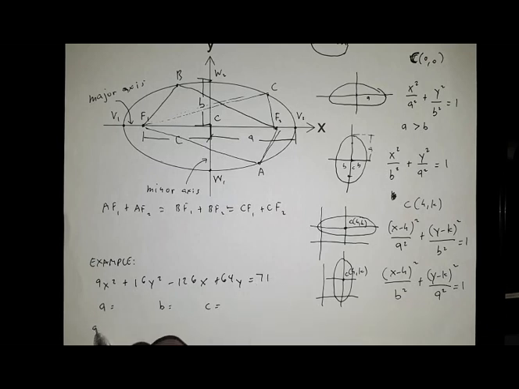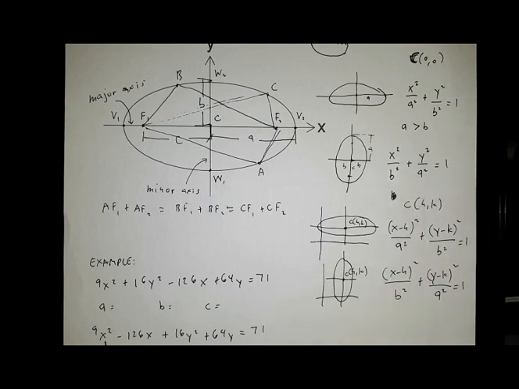So we have 9x squared minus 126x plus 16y squared plus 64y equals 71.